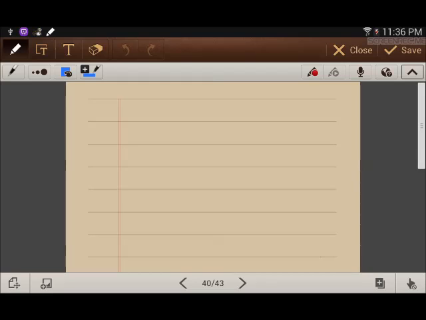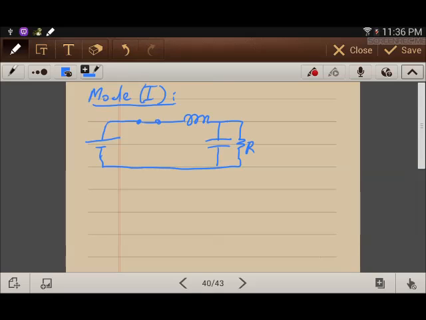The first mode, mode number 1, happens when the switch is closed. When the switch is closed, the diode will act as an open switch, meaning that there will be a current flowing from the DC source through the inductor to the output resistor.